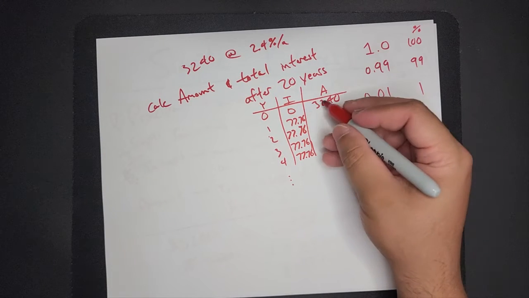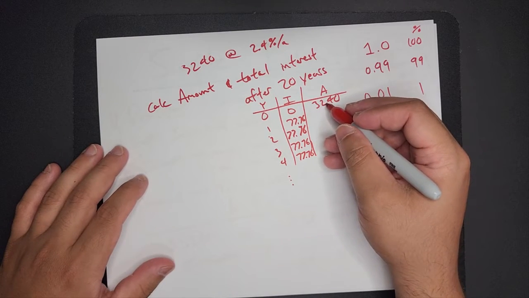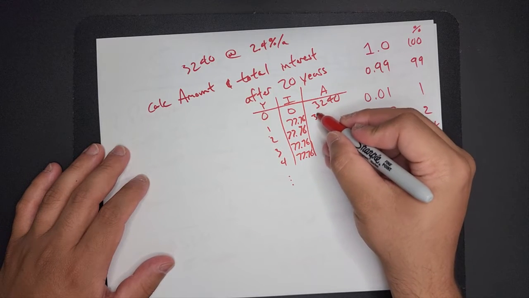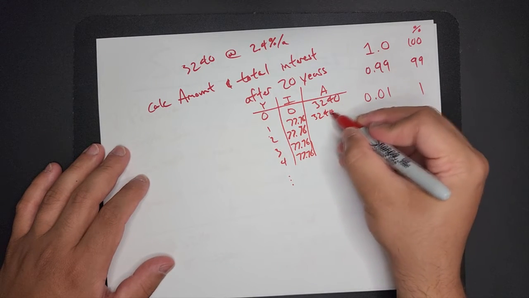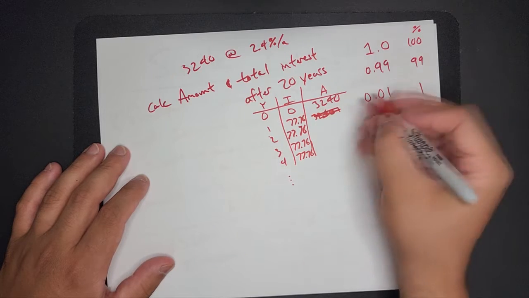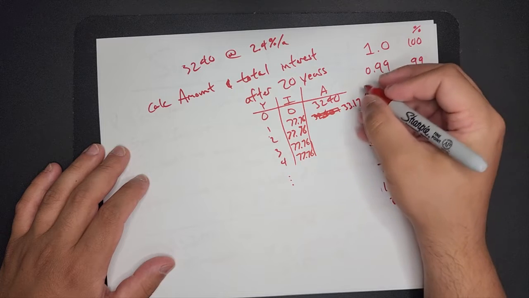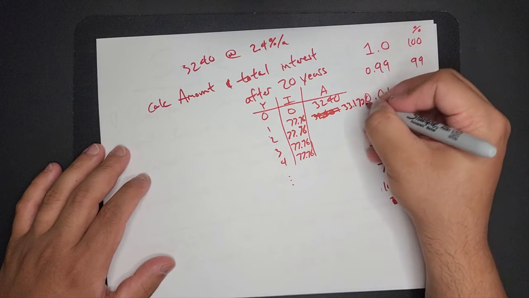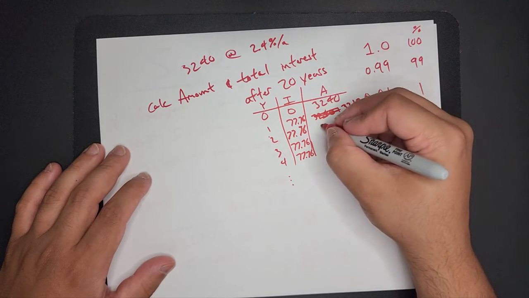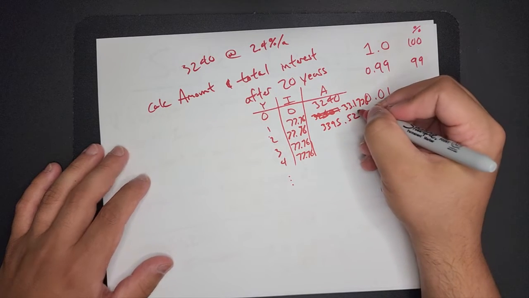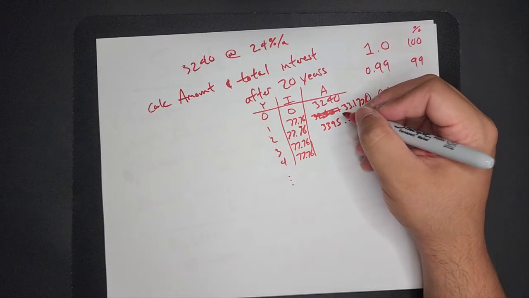And you just keep adding that to that. You'll get 3317.76. Next one, 3395.52. You could do it like that.